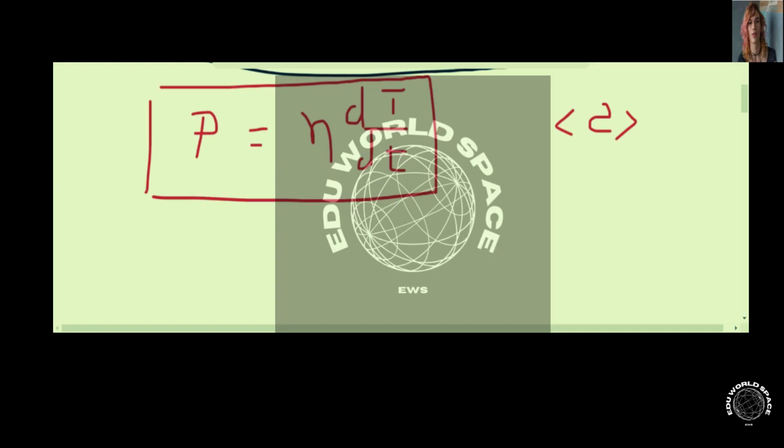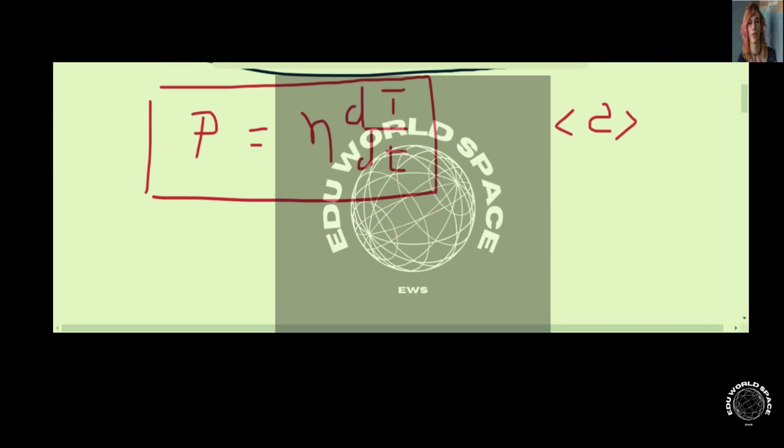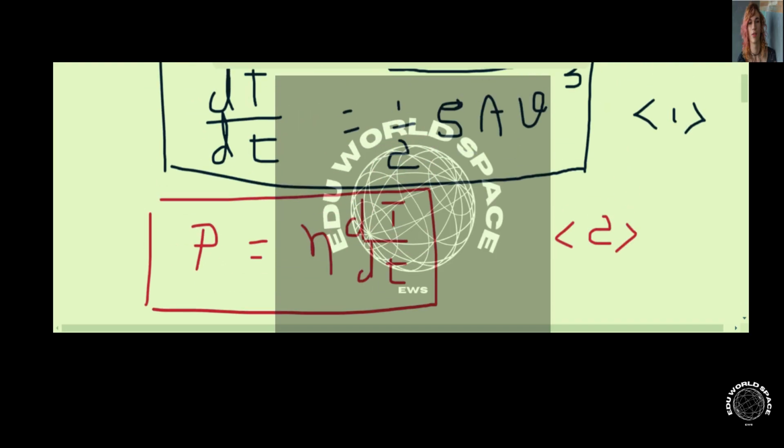Okay, now we will substitute equation 1 into equation 2. So here, instead of dT upon dt, I can write this whole term.